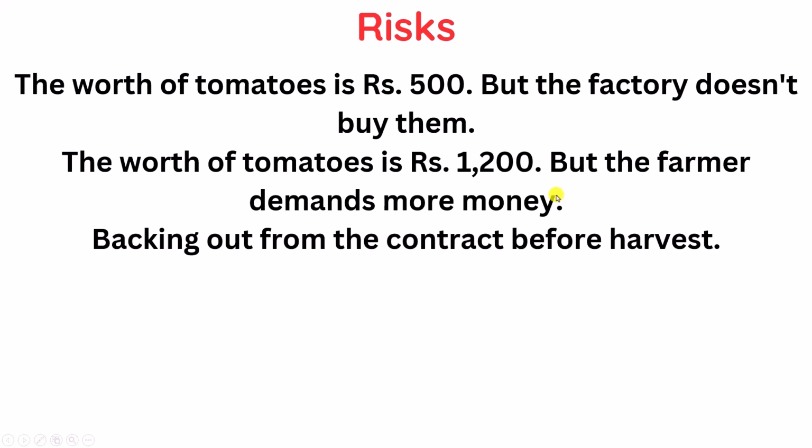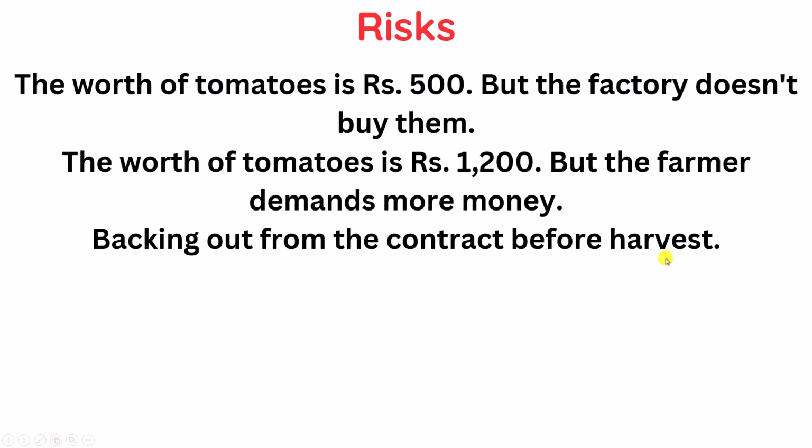Next, the farmer or the company can back out from the contract just before harvest. Alright. Now let us say it is time for harvest and the farmer thinks that everything has gone fine and so he will get 1000 rupees worth of tomatoes. So just before harvest, he will back out from the contract.